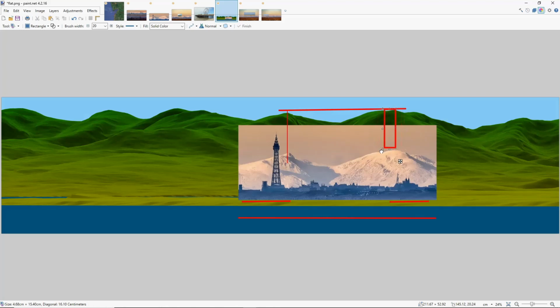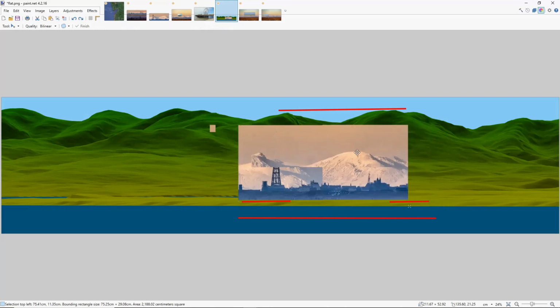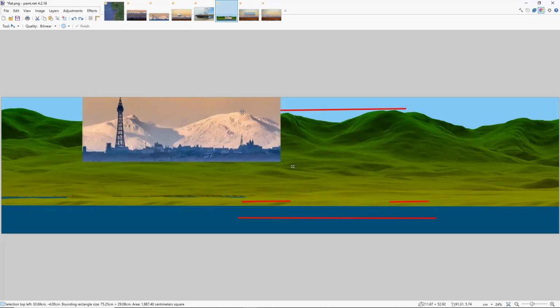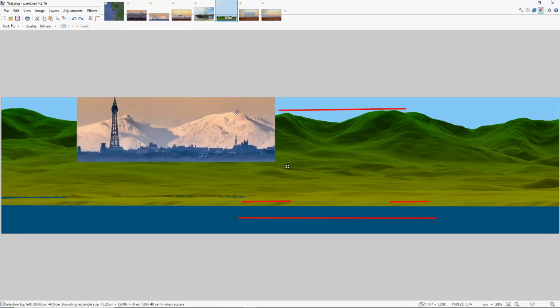Absolutely perfectly. Right, so now that we know that this is in the correct scale, all we have to do is raise it up to the same height, essentially about here. And let's see.